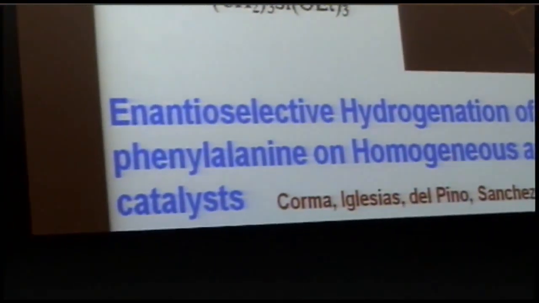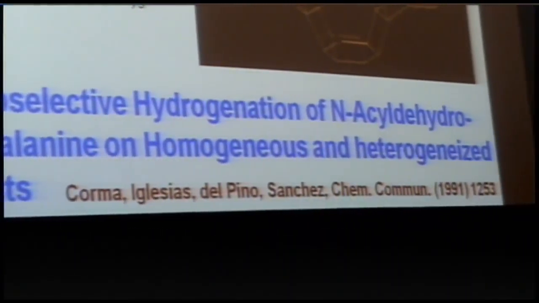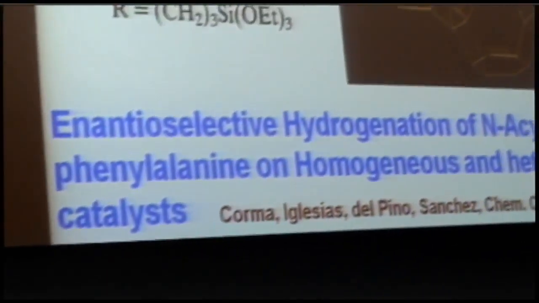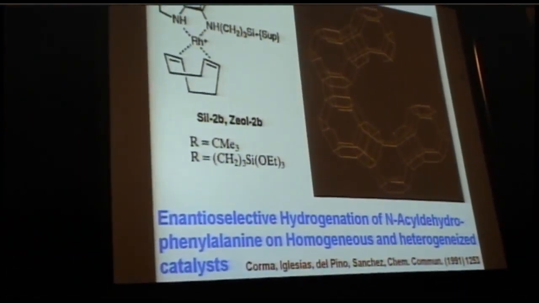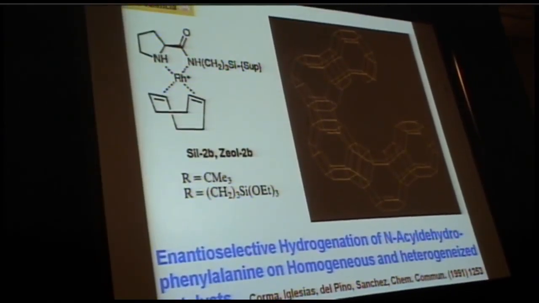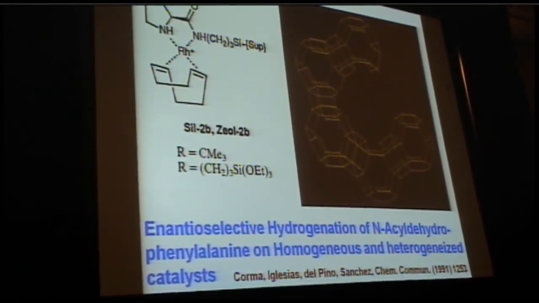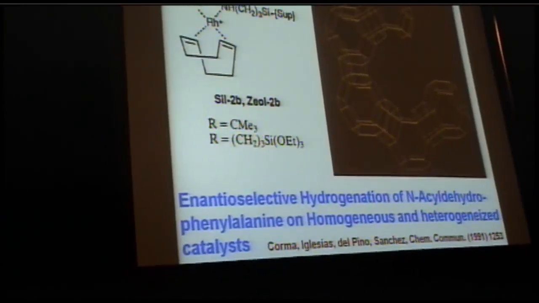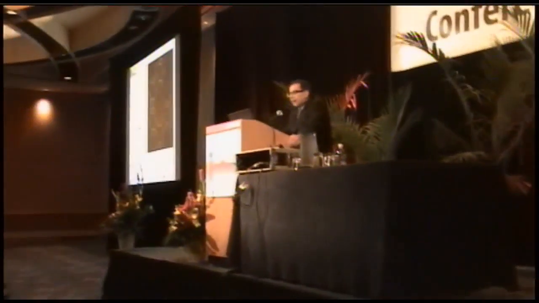When you have those super micropores, now you can introduce your complex and graft it there, rhodium, we did also nickel. And that was a good catalyst already as a homogeneous catalyst to carry out the enantioselective hydrogenations, in this case of the acyl dehydrophenylalanine.